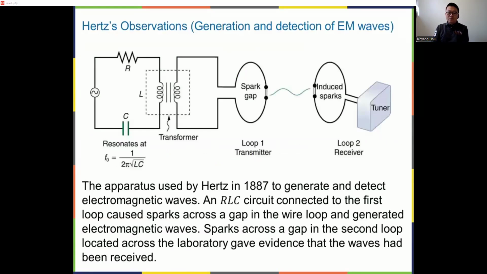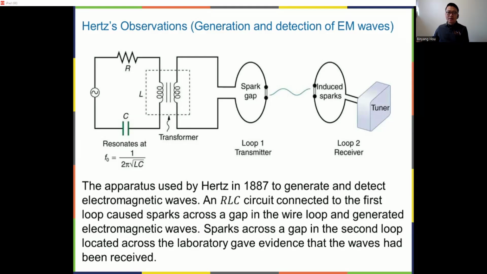It was proven, or observed, by Hertz through the generation and detection of EM waves. So you basically have RLC circuits powered by an AC source, and over here there's a transformer.